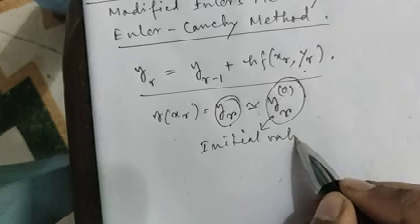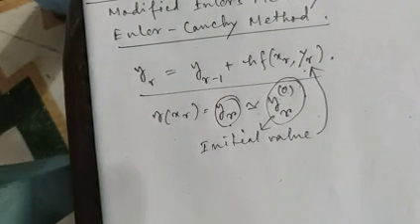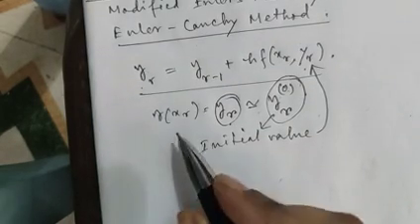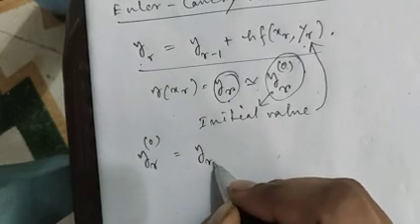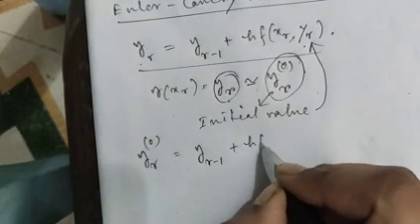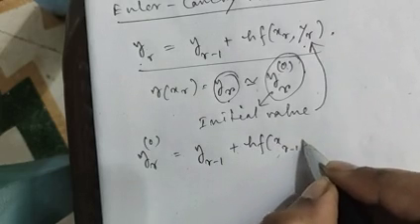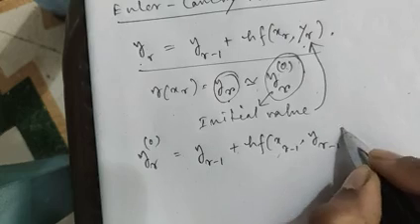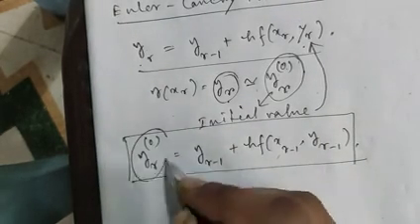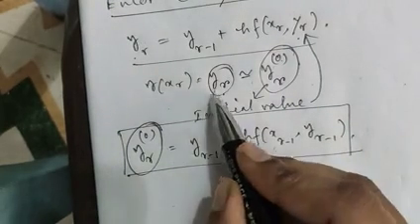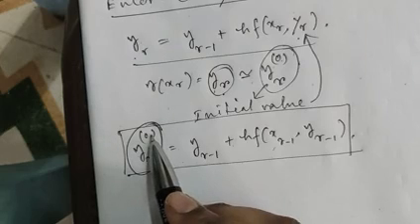We will obviously get it by applying the previous Euler's method. So y_r^(0) equals y_(r-1) plus h f(x_(r-1), y_(r-1)). From this relation we will get the initial value of y_r, which is denoted by y_r^(0).